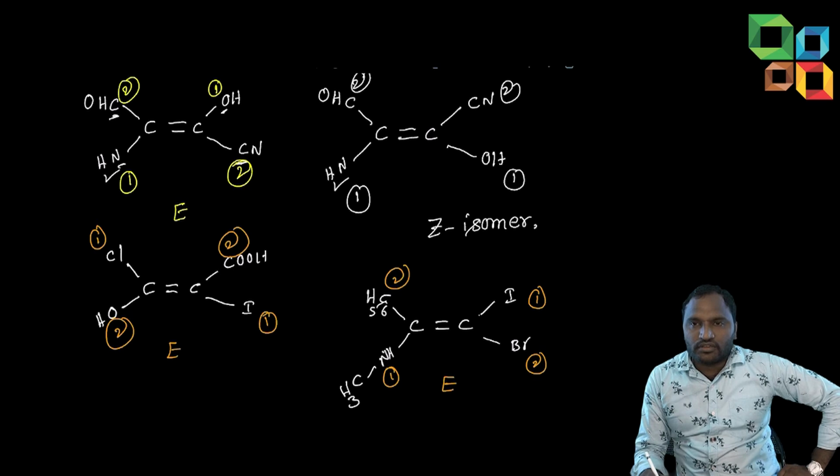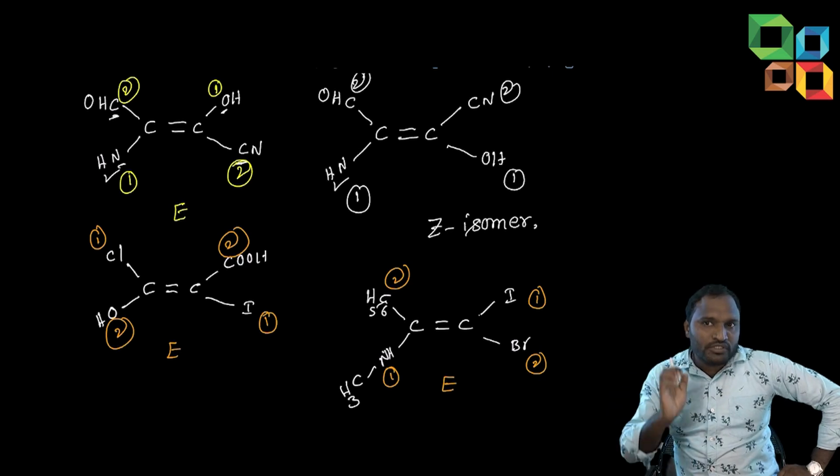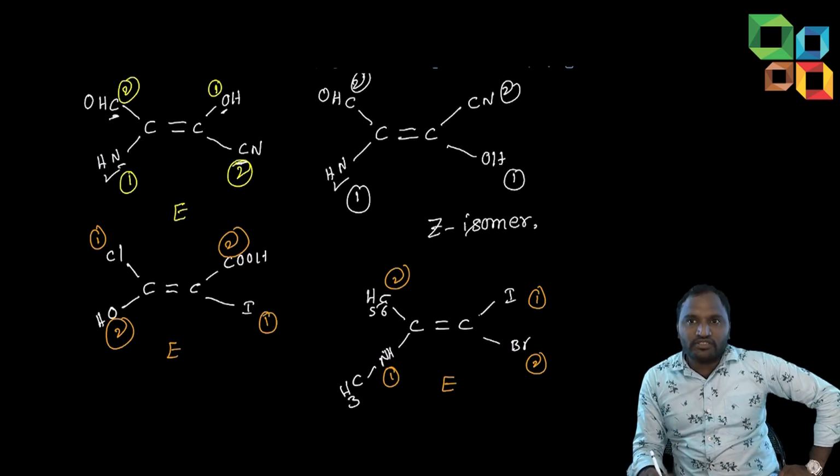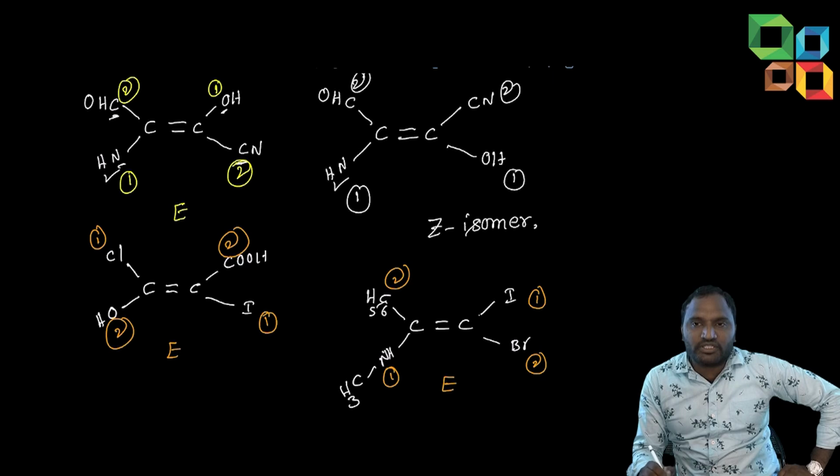Yes, sir. But why do we compare nitrogen and carbon? How do we understand that we should compare those two? See here, nitrogen is connected here, and to the nitrogen, carbon is attached. Nitrogen is directly attached; to the nitrogen, a methyl group is attached.